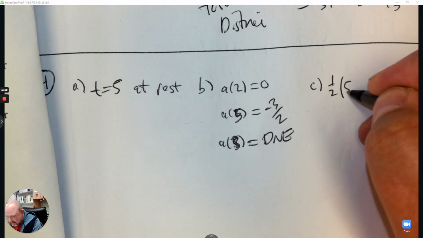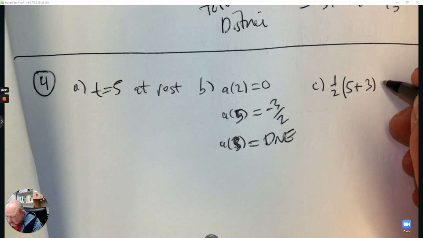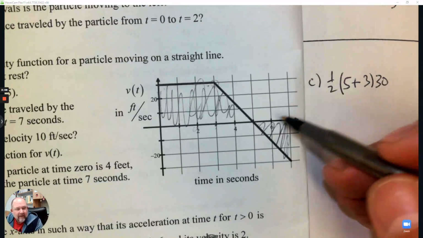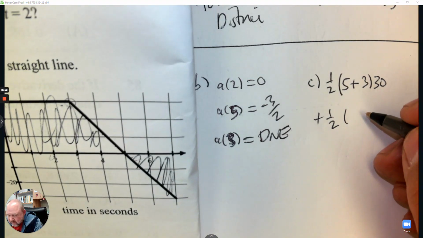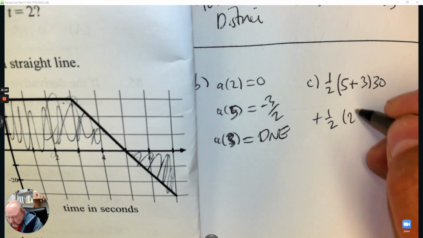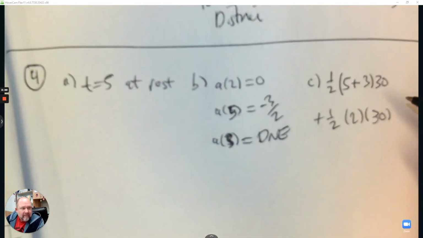One base is 5. The other base is 3. And then the height of it is 30. So know the scale. And then here, the triangle, half, the base is 2. And then the height, I'm going to write a positive number again, is 30 for the height.